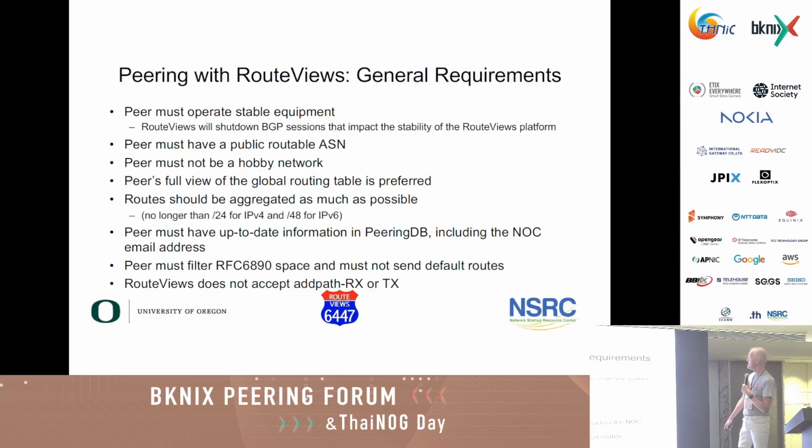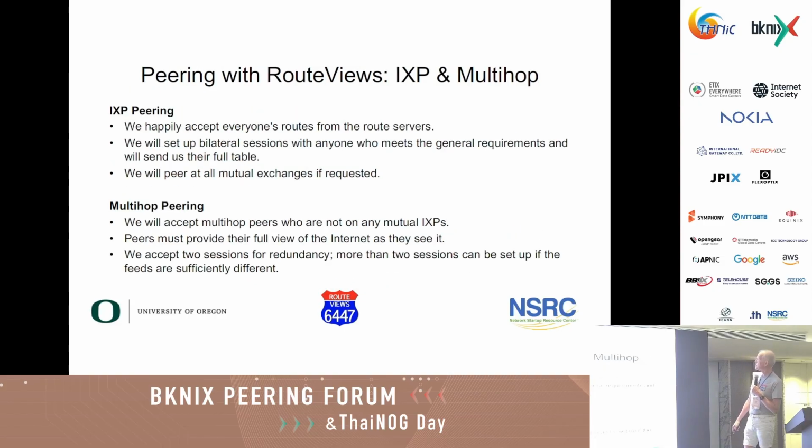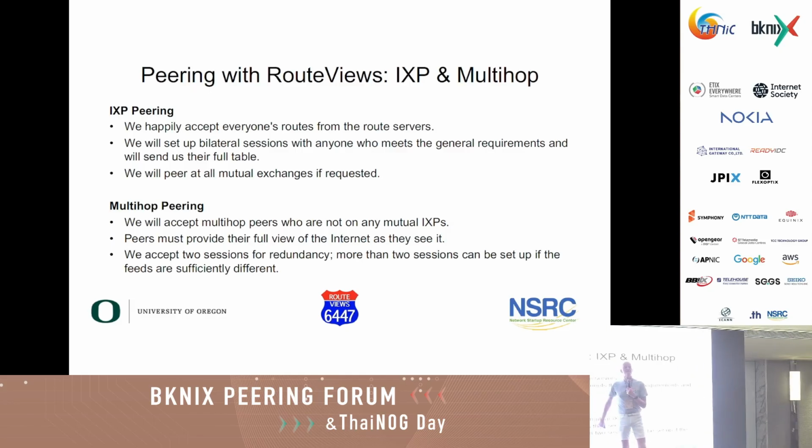What else? General requirements is what Nina has put together. These are generally what we expect from folks who peer with RouteViews. So we're a little bit selective now. What else? Exchange point, as I mentioned, we'll only do multi-hop peers with folks who are not at exchange points. Some countries we don't have collectors at. We're working on that, and hopefully we can come there soon.